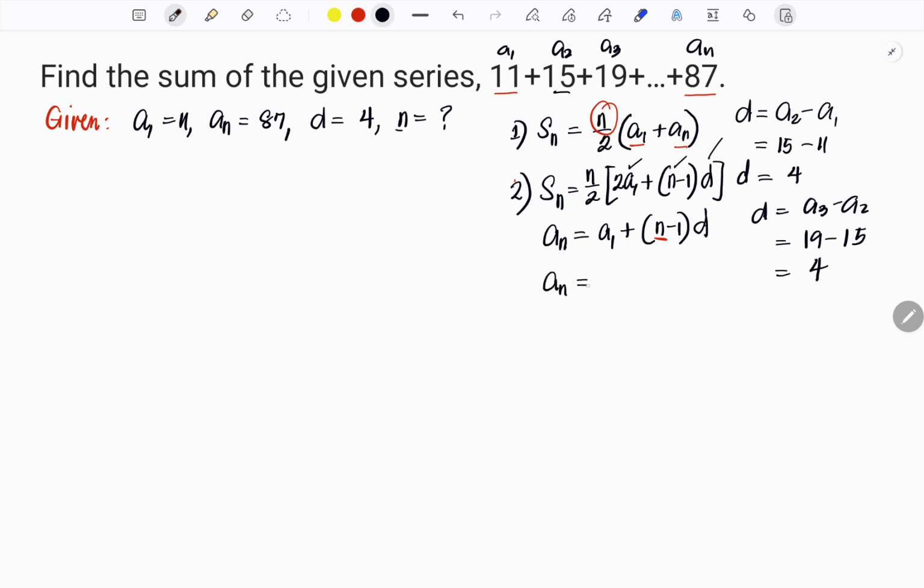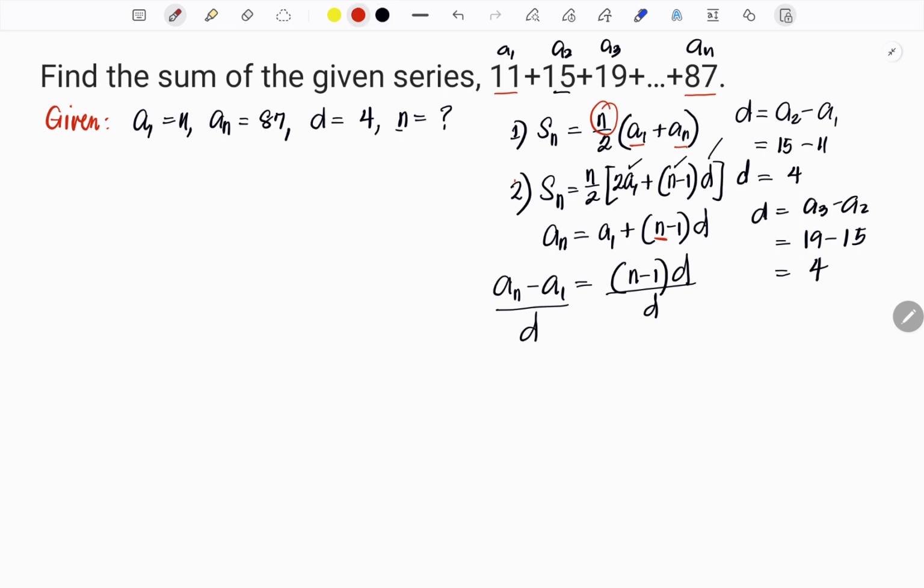So a sub n is equal to a sub 1 plus the quantity n minus 1 times d. To solve for n here, let's transpose a sub 1 to the left. So we have a sub n minus a sub 1 is equal to the quantity n minus 1 times d, and divide both sides by d.